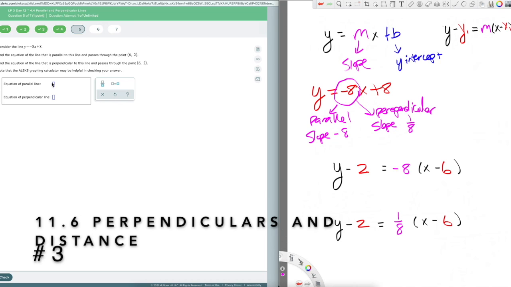All right, we can type these in just like this. It didn't say what kind of equation we had to write. It wasn't specific about point slope or slope intercept, so these are legitimate equations in point slope. We are good to go. X minus 6. And then I'm going to be a little lazy here and copy this. I'm going to Control C, and I'm going to Control V to paste it.